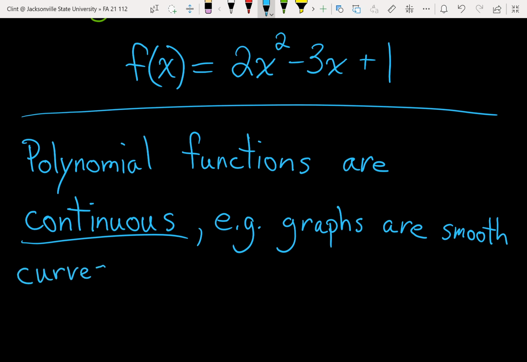And it means a little more than that. We're smooth curves with no holes, jumps, or sharp corners.